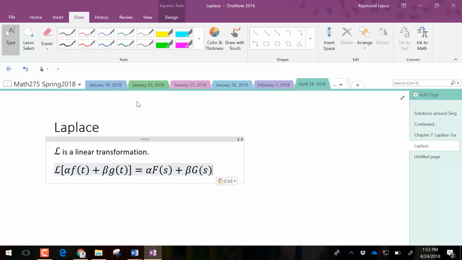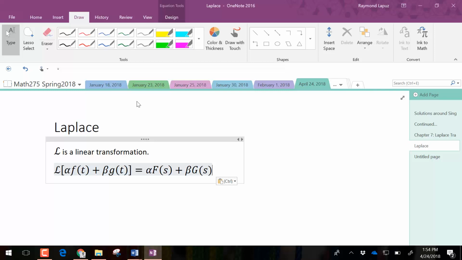So those two important properties comprise the idea that it's a linear transformation. And derivatives and integrals are all linear, and we are taking integrals using the Laplace transform, so it would be kind of natural that it is a linear transformation. And this will allow us to deal with the types of functions that we've been dealing with.